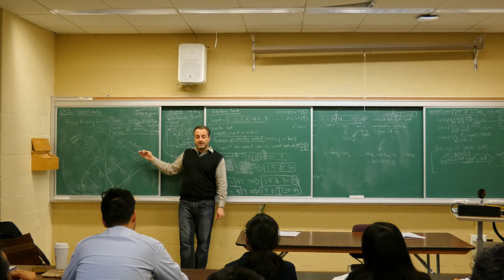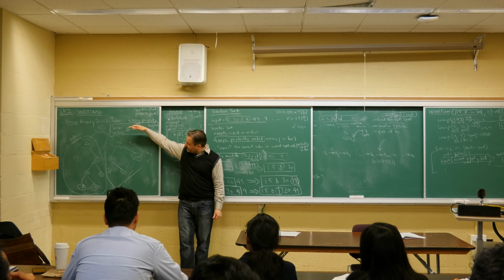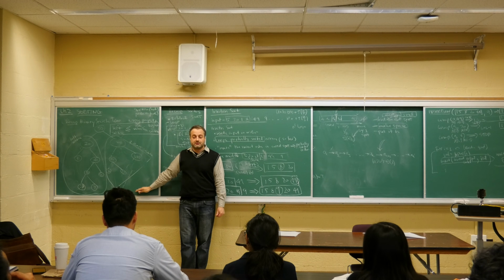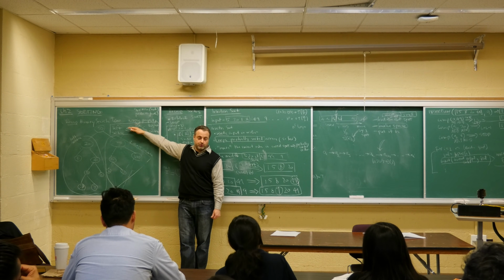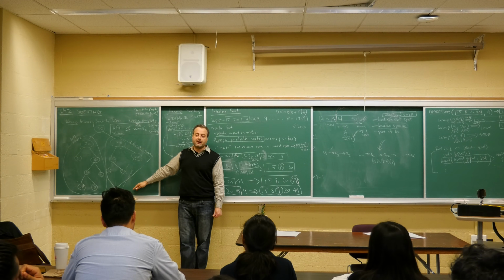A balanced tree has the property that the depth from here to here is about log n, always. An unbalanced tree has one path from root to the leaves that's about n.